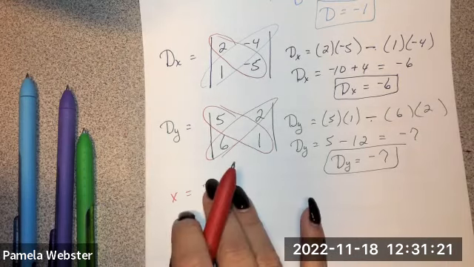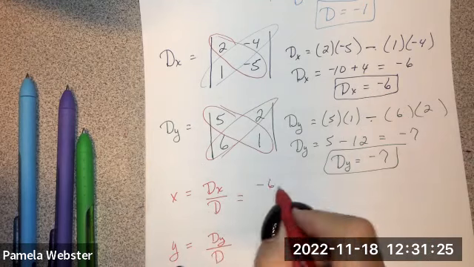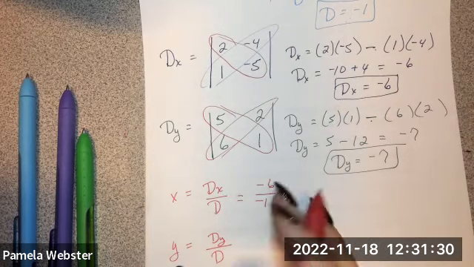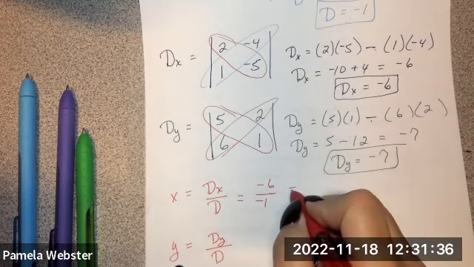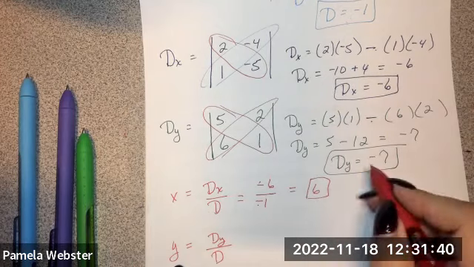Okay, so I'm trying to do the dx's. I'm going to use the -6 on top, and the d on bottom is a -1. Which is why I said earlier that's going to be very nice, because anything divided by 1 is just that thing. So this is going to be 6, and a negative is a positive. So my x value is 6.